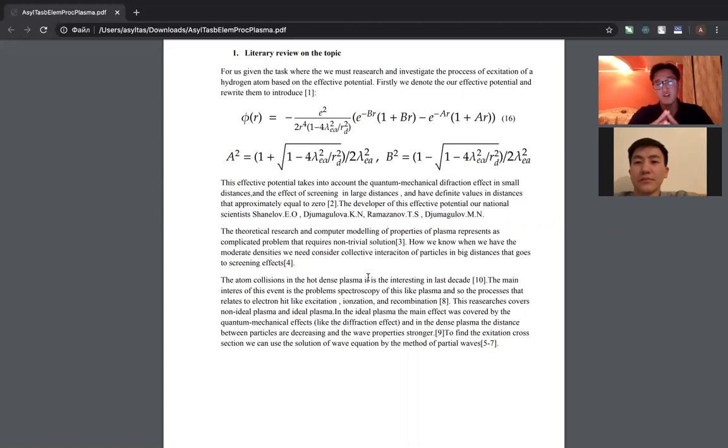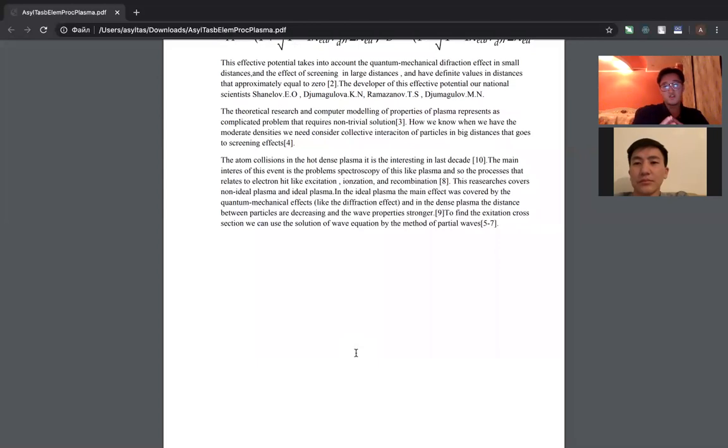The theoretical research and computer modeling of the properties of plasma is a complicated problem that requires a non-trivial solution. As we know, at moderate densities we need to consider the collective interaction of particles at big distances, which leads to screening effects. Atomic collisions in hot dense plasma have been an interesting question in the last decade, with the main interest in the spectroscopy problems of such plasma and the processes related to electron excitation, ionization, and recombination.